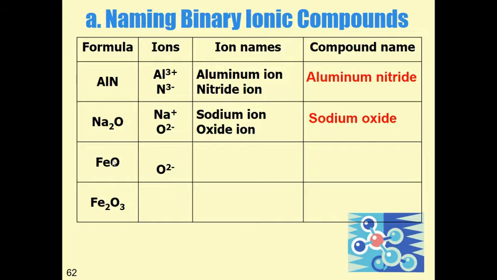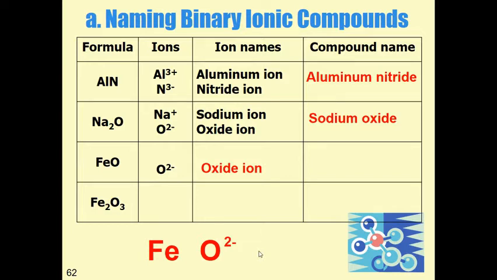Okay, so now let's look at this next one, FeO. We're going to use our flowchart. Is there a metal? Yes, it's iron. Is that metal a transition metal? Yes, it is. This guy's called oxide, by the way. We need to find out what charge iron had here. How are we going to do that? We're going to use the anion to help us.